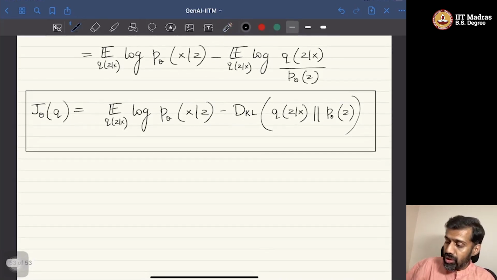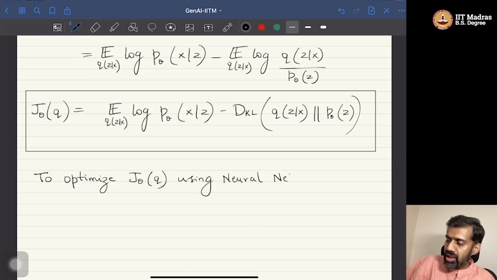So, to optimize J theta of q using neural networks. I've been saying that the latent variable models that we will be looking at are neural latent variable models.